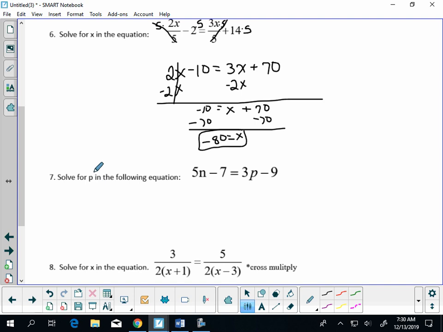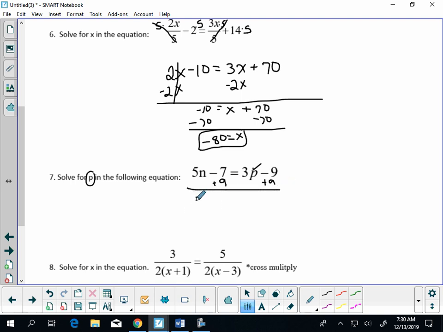So on this one, I need to solve for p. Now that's not a p right there, that's an n. But what I'm going to do is I'm just going to get rid of everything around the p. So start by adding 9. And I can combine like terms, so I'm going to line them up.